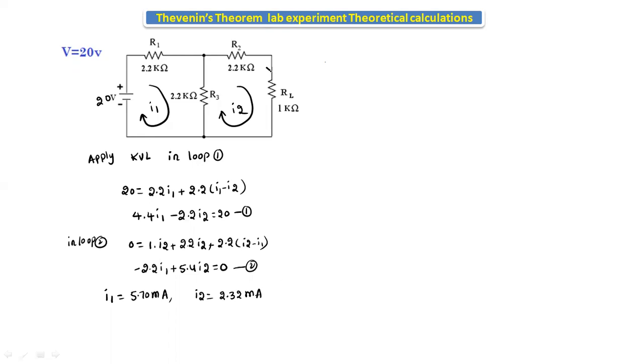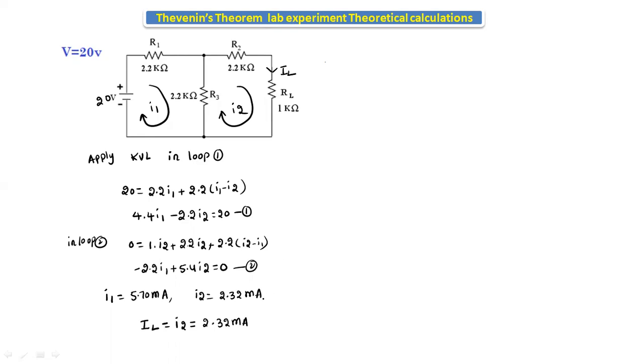Here, the current passing through this load resistance, that we are assuming as IL, is I2. So IL is equal to I2, which is 2.32 milliamps for the supply voltage of 20 volts.